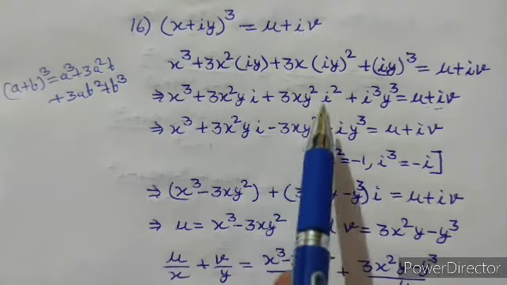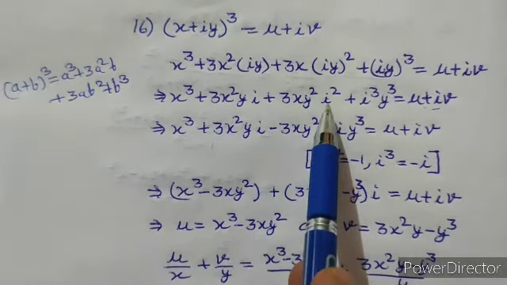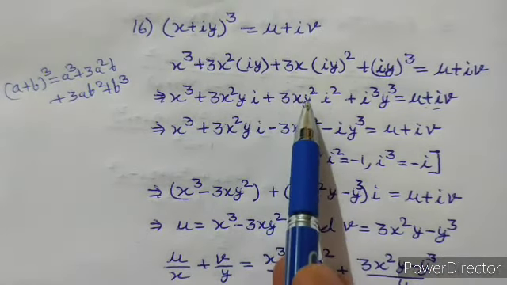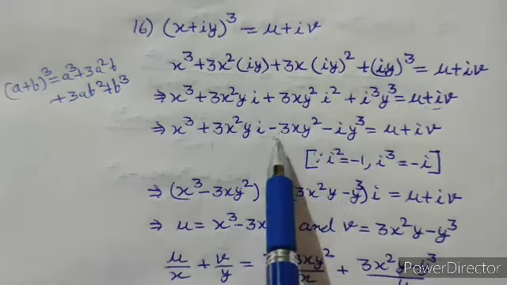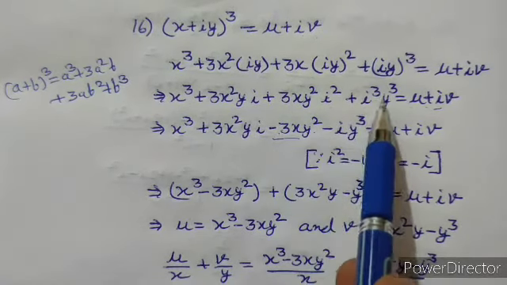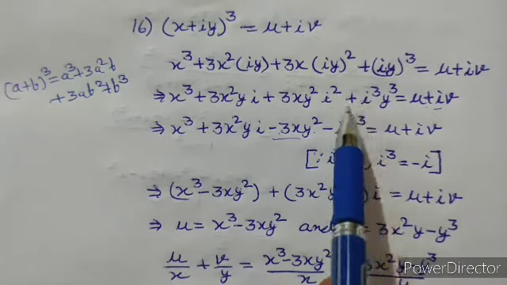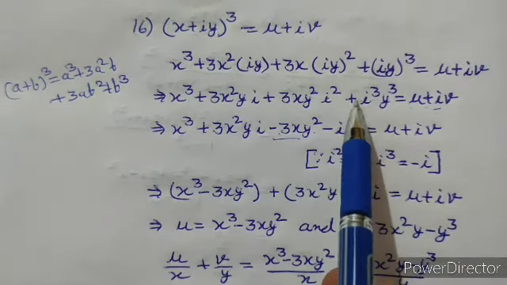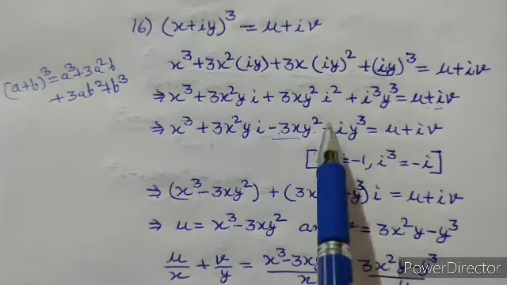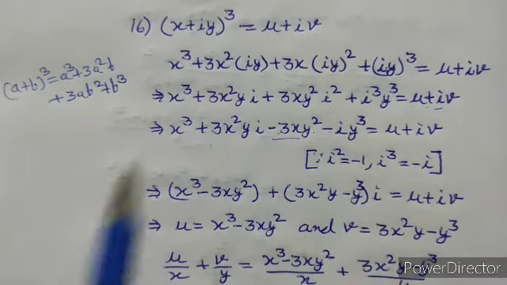As we know that i square is equal to minus 1, so this 3xy square i square will be equal to minus 3xy square, and i cube is equal to minus i, so this i cube y cube will be equal to minus i y cube.